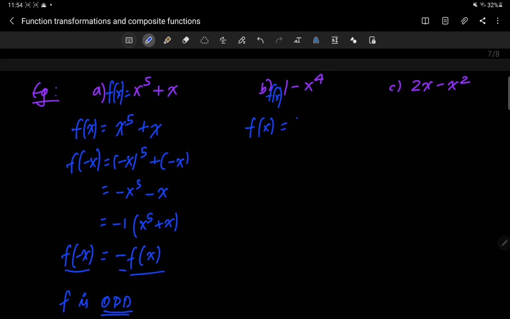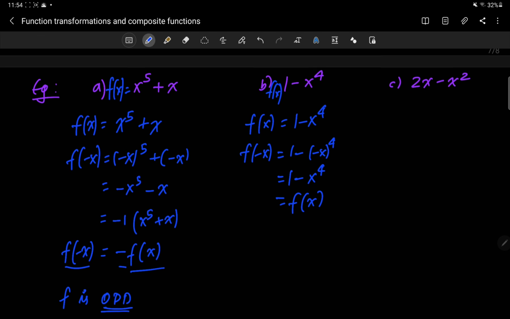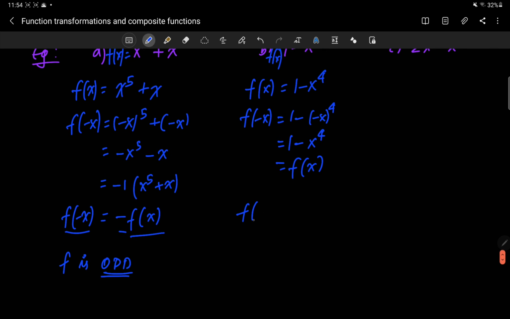The second one, 1 minus x to the 4, if I make the input negative, this becomes 1 minus negative x to the 4, or 1 minus x to the 4, which is the same as the function. So this says that making the input negative doesn't change the output, so f is even.